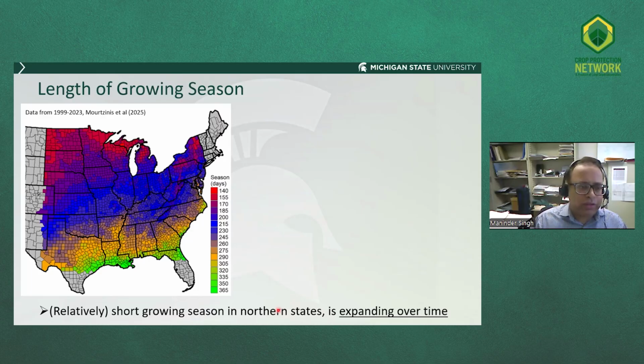And those two factors in combination decide the actual length of the growing season, and making sure that you are optimizing that and not over or underutilizing that growing season, right? This is especially true for the folks in the north, as you can see in this data, because the length of the season is a limiting factor for these farmers.